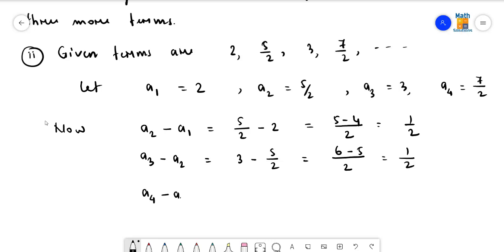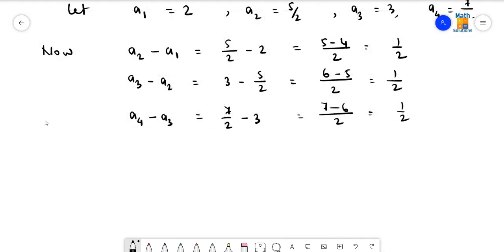Similarly, A4 minus A3, what do I get? 7/2 minus 3, taking 2 as the LCM, 7 minus 6, it is half, and so on. So I find that in every case there is the same difference, since A2 minus A1 is equal to A3 minus A2 is equal to A4 minus A3 is equal to half.